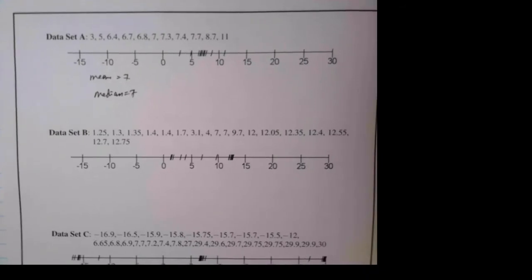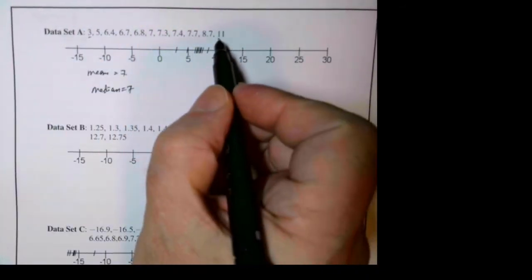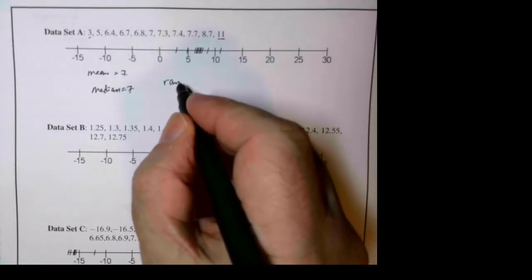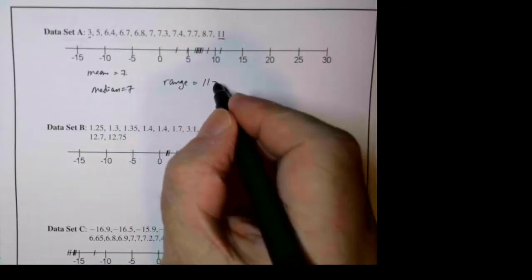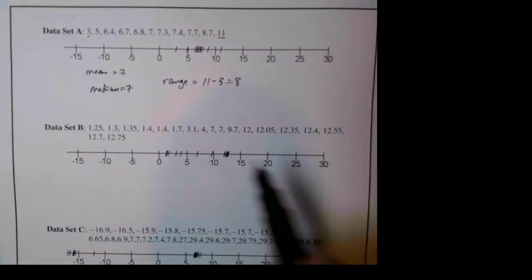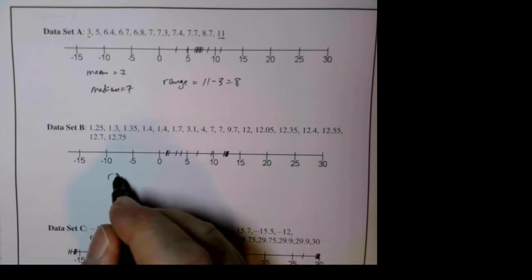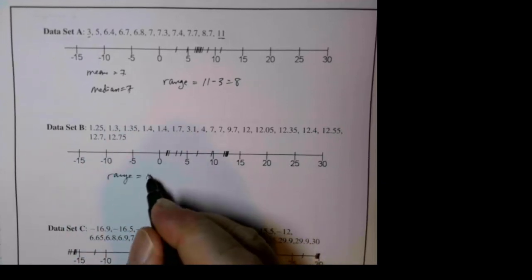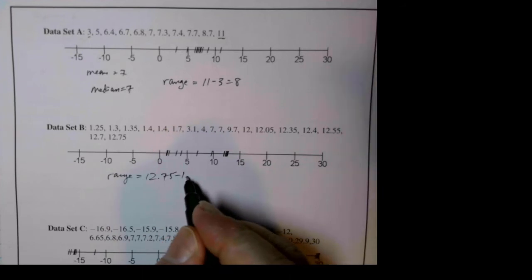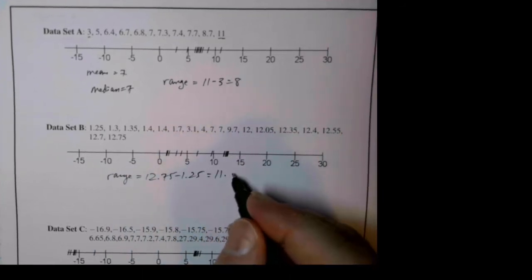And so for this first data set, for example, the maximum value is 11, the minimum value is 3, so the range here is 11 minus 3, or 8. This one, maximum 12.75, minimum 1.25, so the range is 11.5.